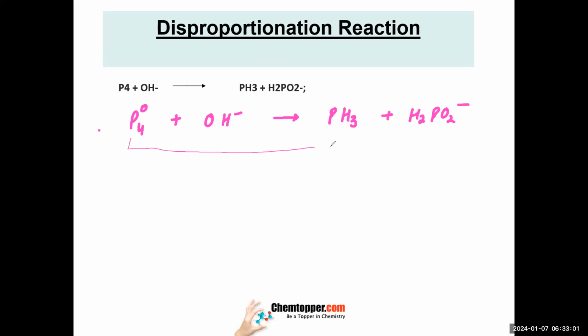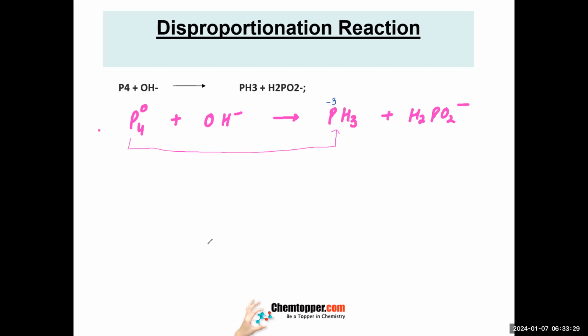P4 to PH3. What's the oxidation number of P here? Hydrogen when bonded to non-metal, it is +1. So it is -3, isn't it?